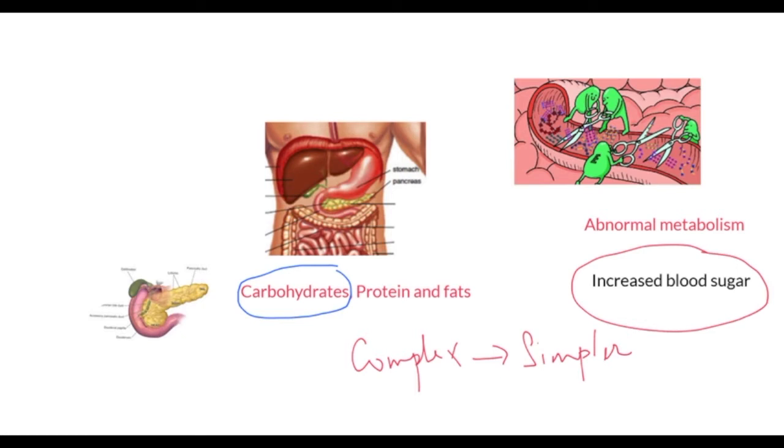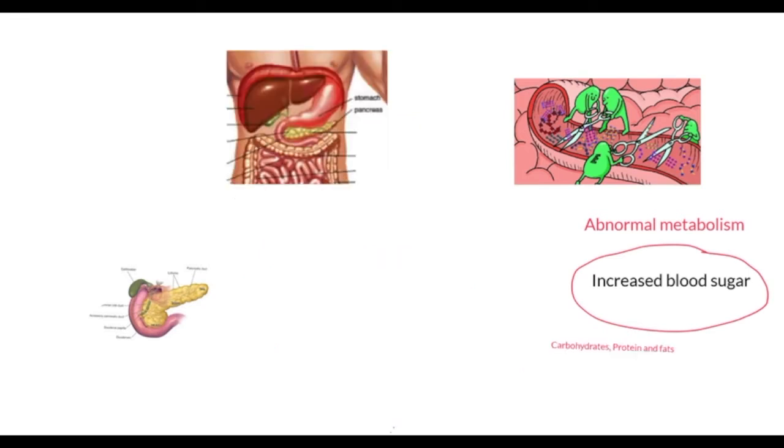Complex carbohydrates are further broken down into glucose, and this glucose from the stomach then enters the bloodstream. Once glucose enters the bloodstream, it reaches an organ known as the pancreas.